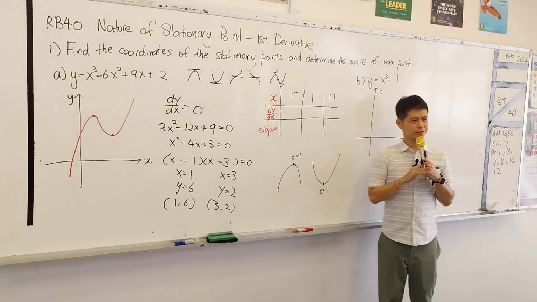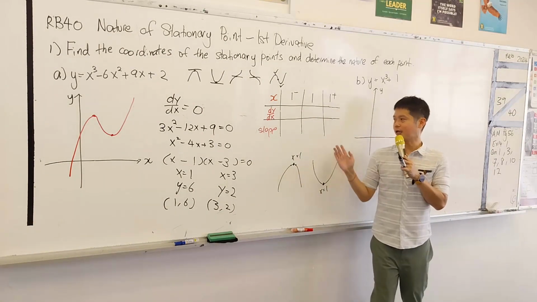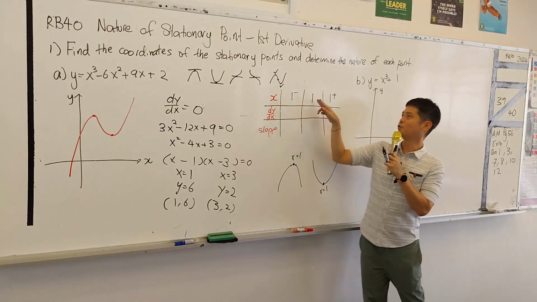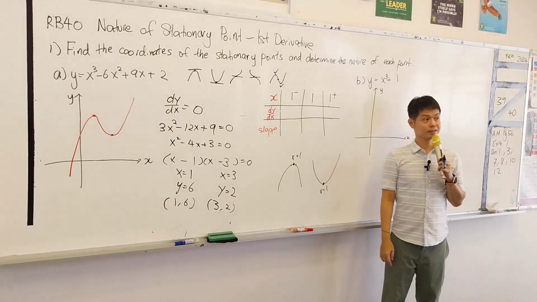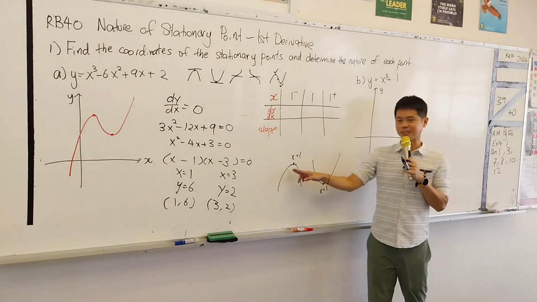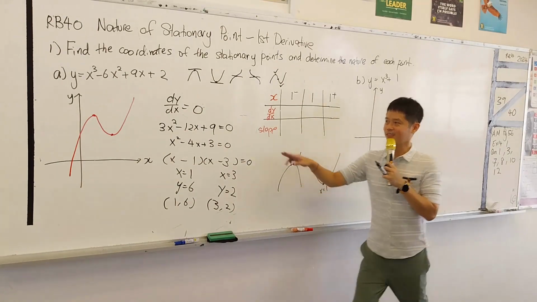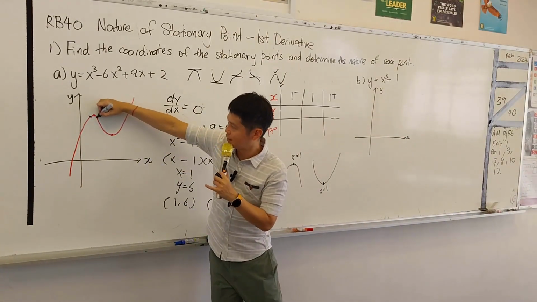1.1. Question. Why do I test a number that's slightly smaller and slightly bigger? Why don't I test like 0, 1, 2? Why don't I test a number so far away? Do you know why? If I test a number that's very far away, that's why I draw a picture. I want to test a number here. I want to test a number here, right?